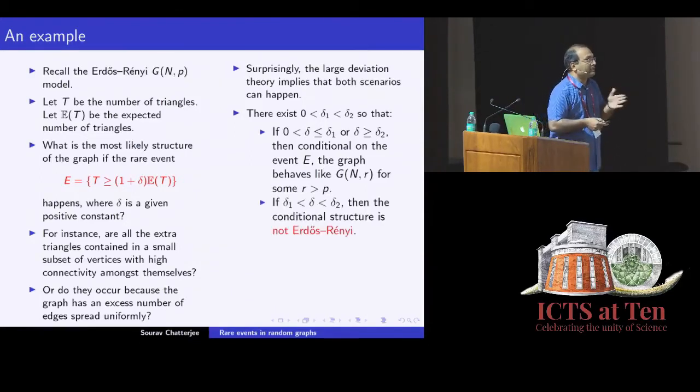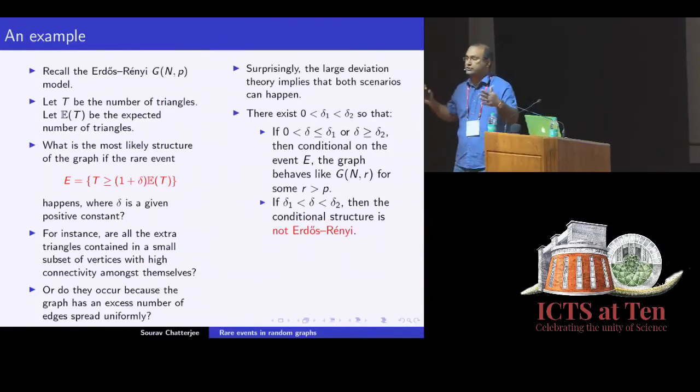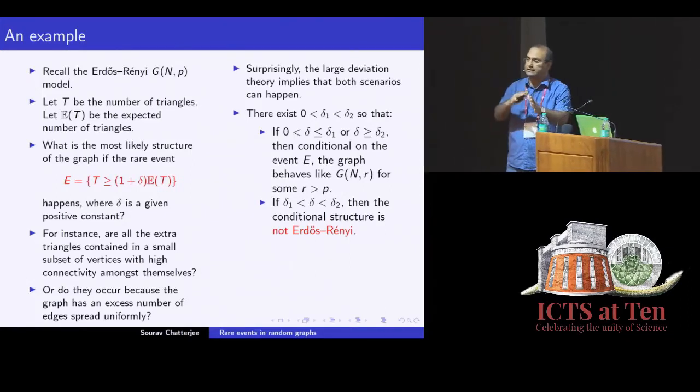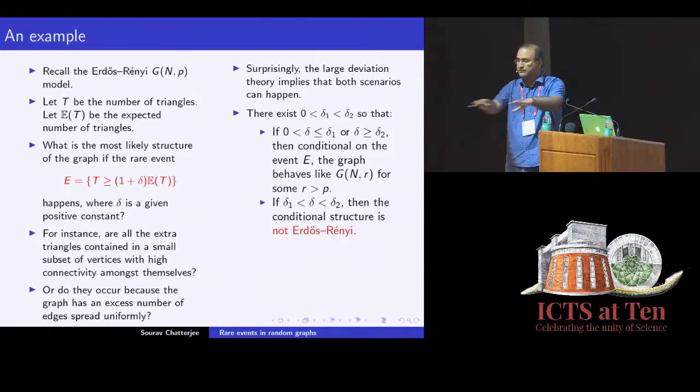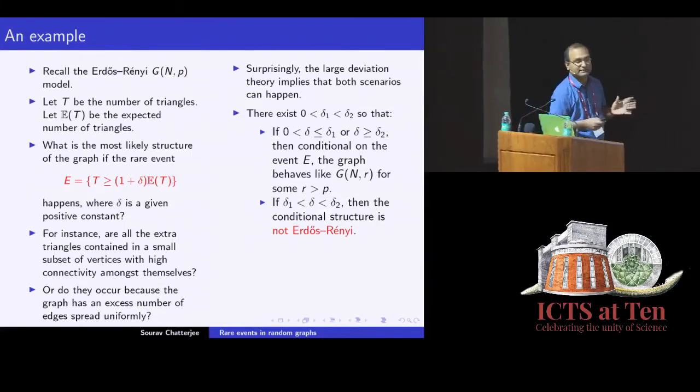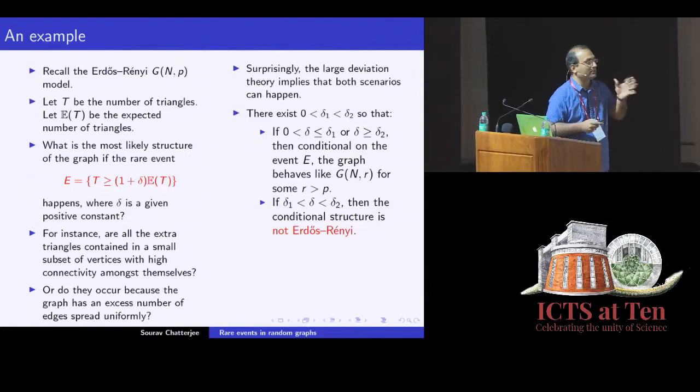However, between these two numbers, the structure is not an Erdos-Renyi graph. We don't know what it is, but we can show that it's not like an Erdos-Renyi graph. There is a heterogeneity. The extra triangles are not coming due to a uniform structure. There is some condensation somewhere, some accumulation of edges somewhere, and we don't exactly know what this structure is.